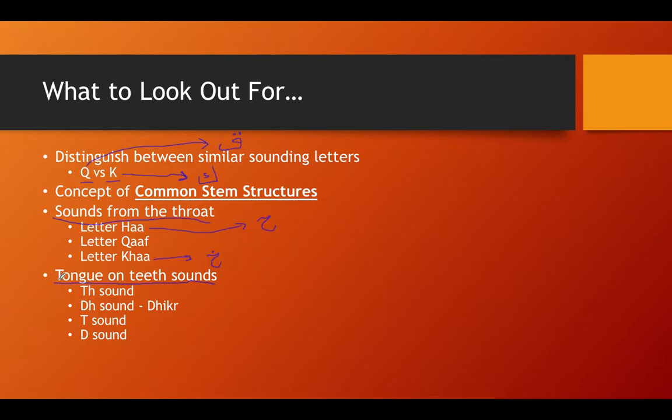The next concept is tongue on teeth sounds, okay? You're touching the tip of your tongue with your teeth when making the TH sound, which is our first example. The TH sound stems into two sounds: the sound as in the English word the, and the th sound as in the English word tooth.